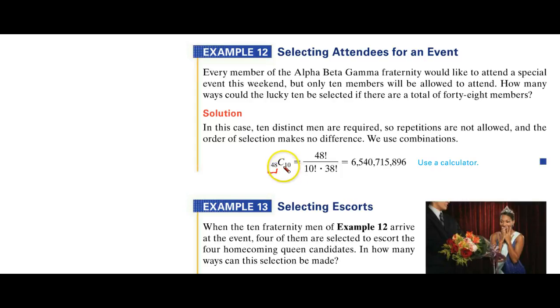We're going to select 10. So we set it up as a combination, we end up with this, and again, putting that in your calculator, you'll get over 6,540,715,896 different ways. Wow. There are only 48 members.